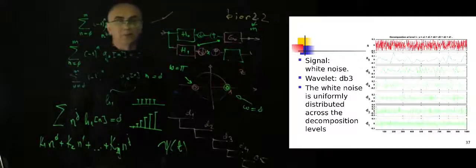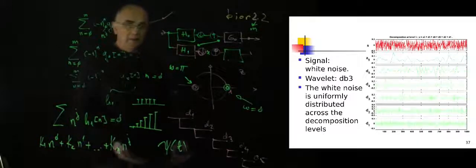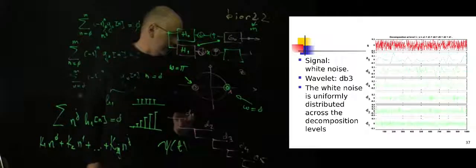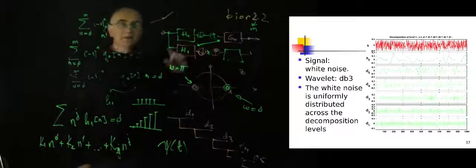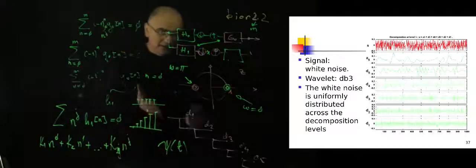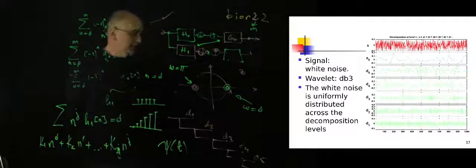So let us see the example. The first row, the red one, corresponds to the original white noise. Then from the bottom up we can see the first level decomposition, the second level decomposition, and so on, and they are almost the same magnitude, so the white noise actually spreads over all wavelet coefficients.